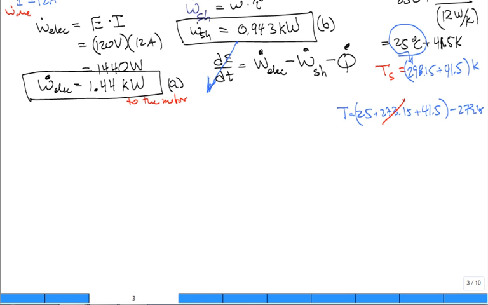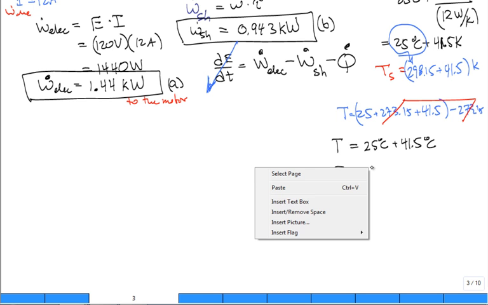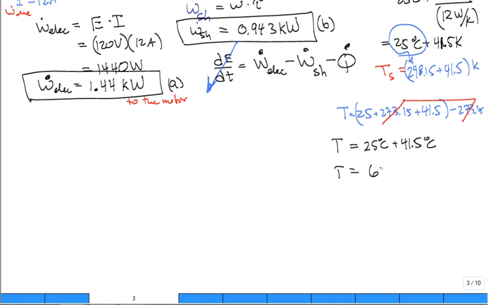Didn't the plus and minus on the 273.15 go away? Could I have just said that's equal to 25 degrees C plus 41.5 degrees C, which is a temperature of 66.5 degrees C? True or false?